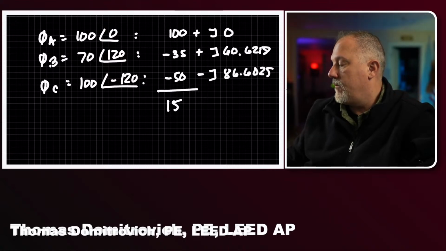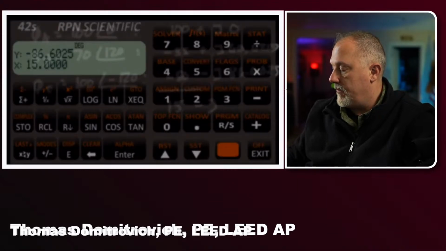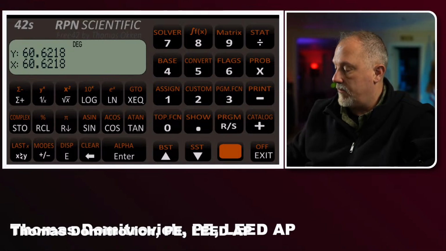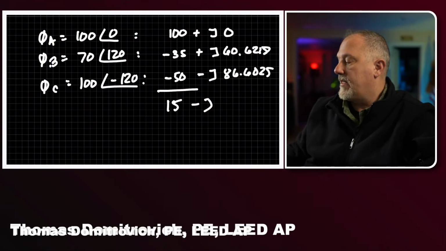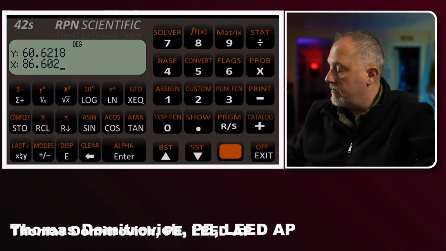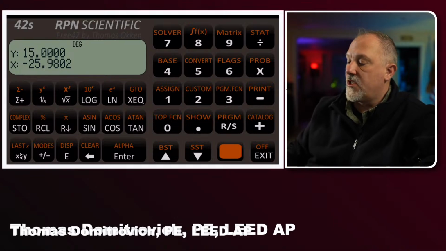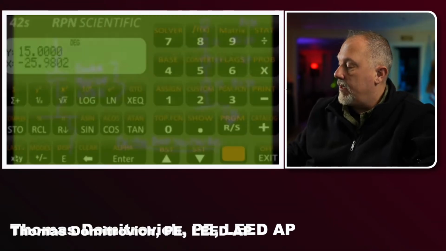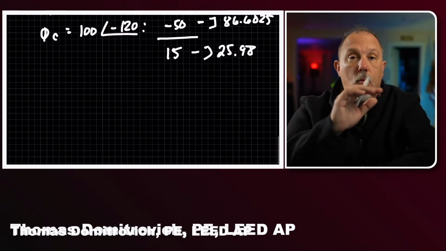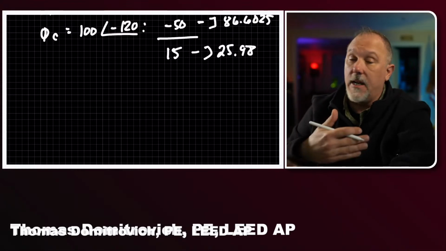Then 15 minus 60.6218 minus 86.6025 gives minus 25.98. Now that's the resultant. So where's that going to go? It's got to come back in the neutral.